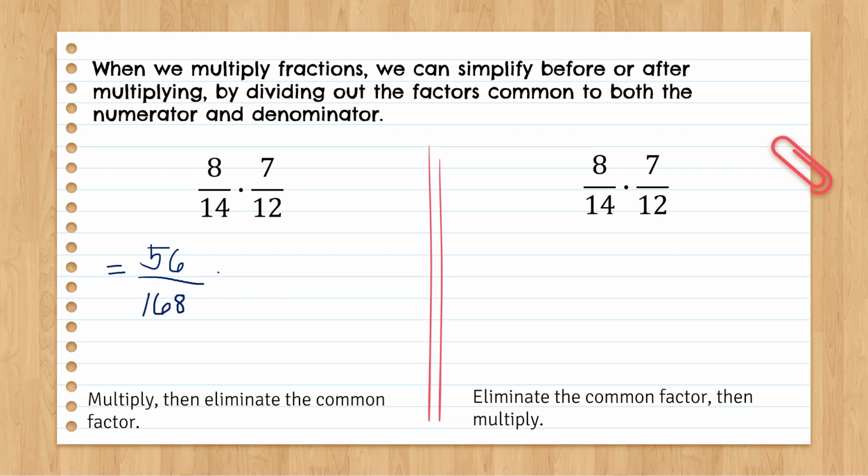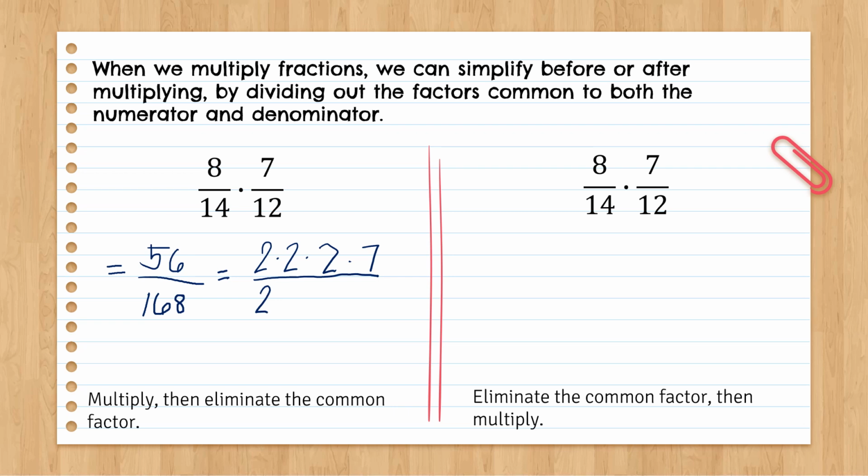And then, after that, we are going to factor the numerator and denominator for us to simplify the common terms. So, 56 can be written as what? What is the prime factorization of 56? Yes, it's 2 times 2 times 2 times 7 over 14 and 12, so we have 168.